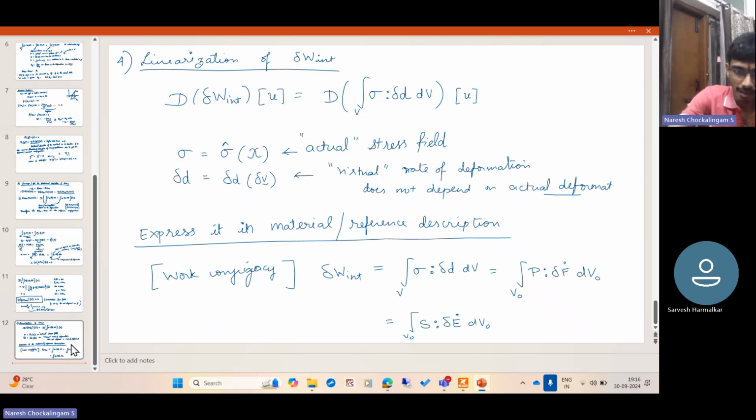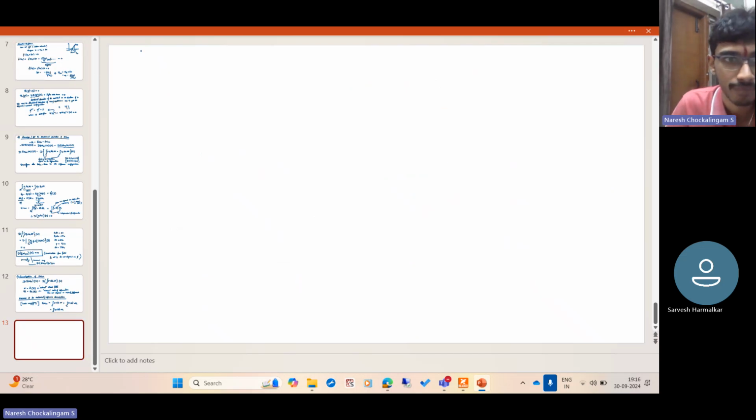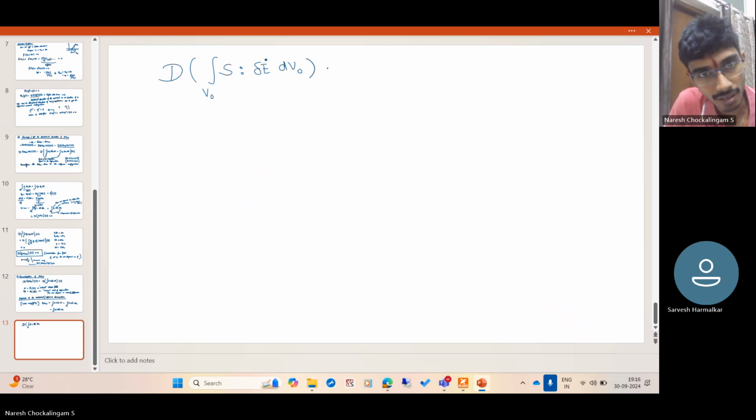So the expression for the directional derivative of the internal virtual work done is d of the integral over the reference volume of S double dot the virtual Green-Lagrange strain rate tensor dv naught, in the direction u.